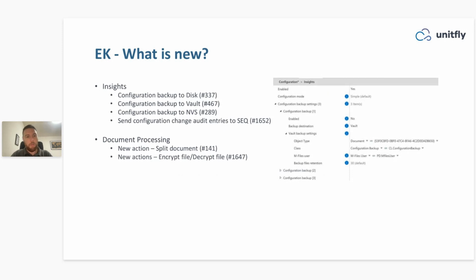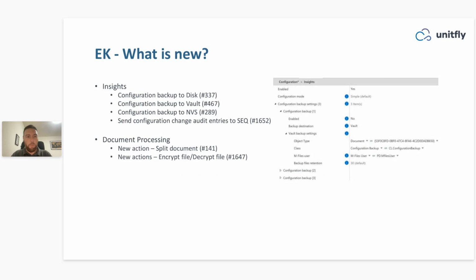The second one that I mentioned, Insights: you are able to save the Extension Kit configuration to disk, to vault, to named value storage. And as we are using SEC for monitoring, we also added something in configuration so that we are able to save an audit of all changes inside of the SEC.